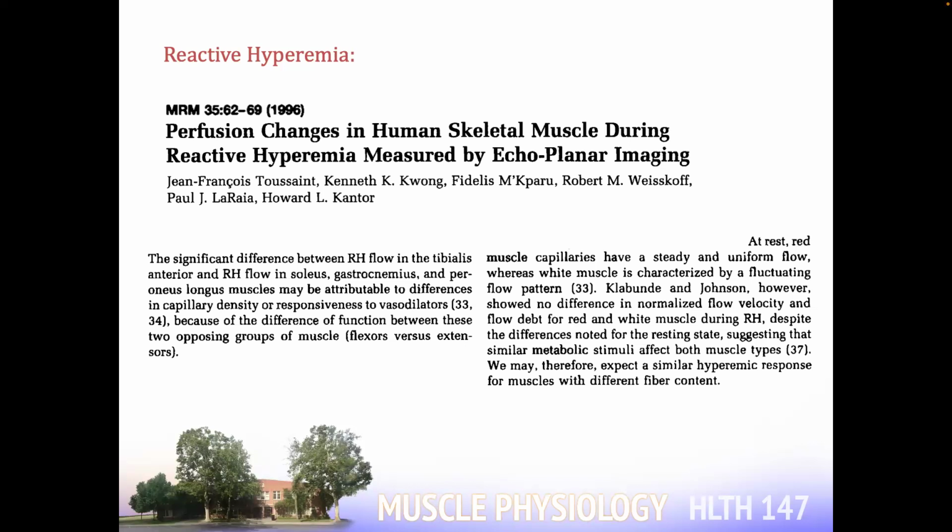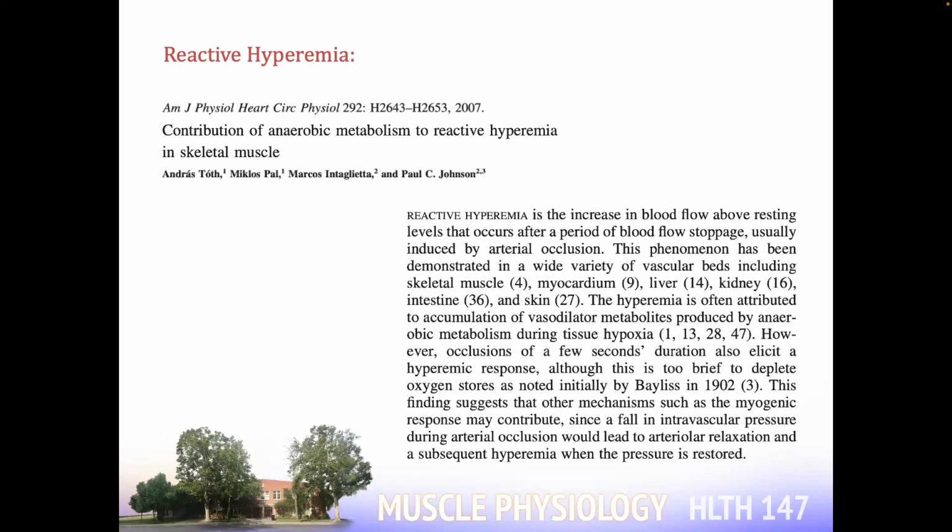And that could affect the environment that's being released to the blood. So in the muscles we're looking at here, it's the soleus, which has more type ones, and the gastroc, which has more type twos, and so there may be differences in the muscle fiber type, explaining hyperemia differences.